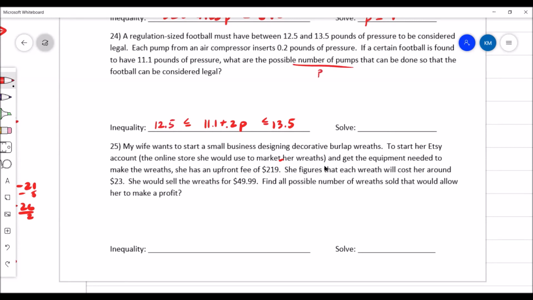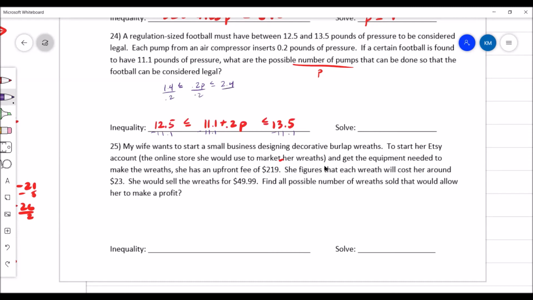So let's solve this. And it's a compound inequality. We'll focus on getting the middle solved, and the rest will follow. So I get 1.4 here, and that gives me 0.2p. And here I'll get 2.4. Okay, and now I'll divide both of these by 0.2.